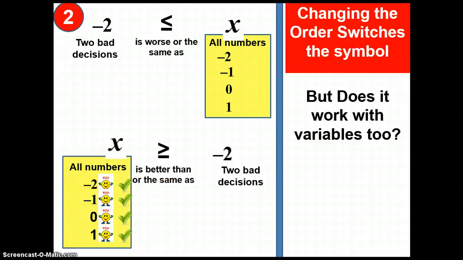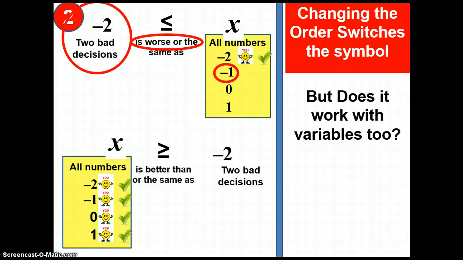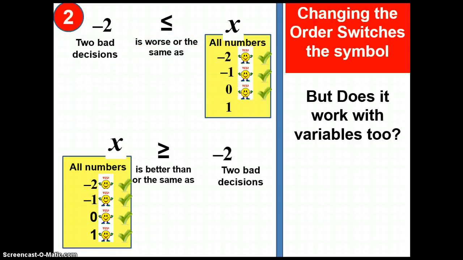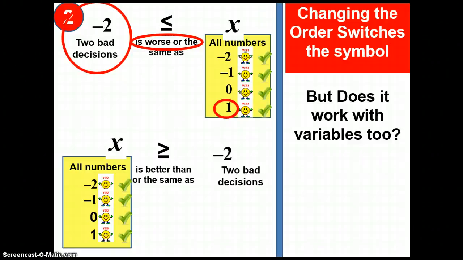Let's see if this holds true. 2 bad decisions are the same, again, as 2 bad decisions. 2 bad decisions are worse than 1 bad decision. 2 bad decisions are worse than no decision at all. And 2 bad decisions are worse than 1 good decision. So we see that even though we switch up the order, the statement still stays the same. All we did was switch the order of the variable and the number, and the symbol switched.